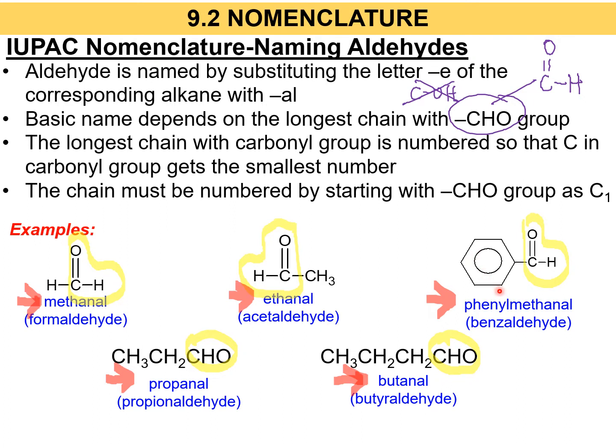Alright. Okay, next. Kalau you tengok ni, oh ada benzene. Lepas tu ada aldehyde. Macam mana nak namakan dia ni? Okay, so kat sini kita boleh dapati yang benzene ni dia akan jadi substituent.